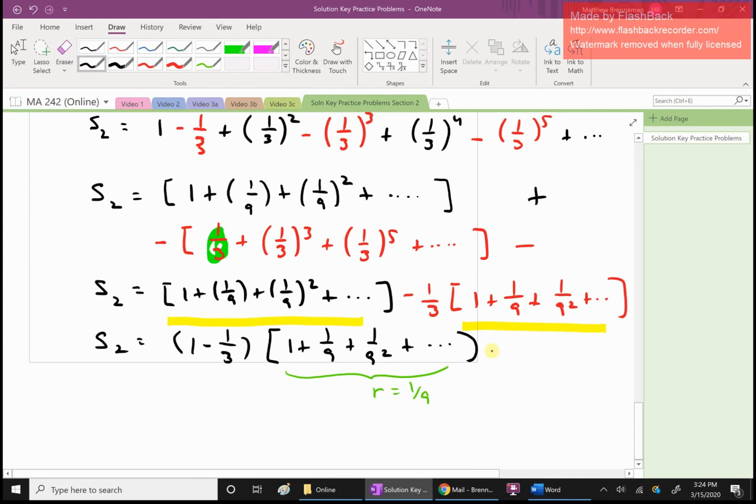So this whole thing converges to 2/3 times 1 over 1 minus r, which is 1/9. This will be 2/3. And this is going to be 8/9, and when I flip it, it'll be 9/8, right? And do a little bit of cancellation here. I'll have a 3 and a 4.